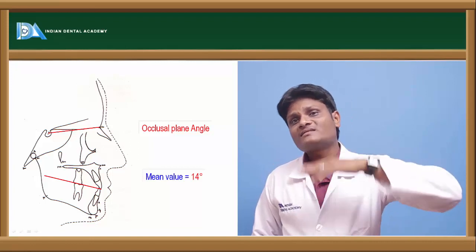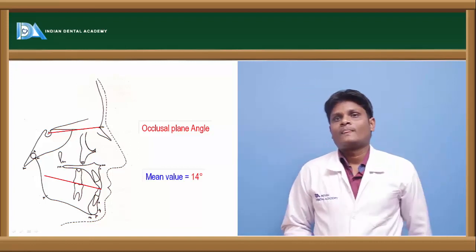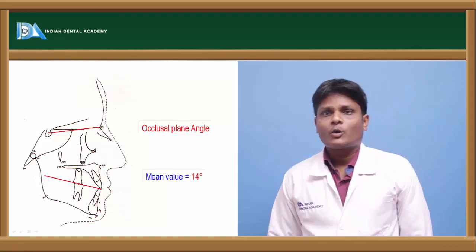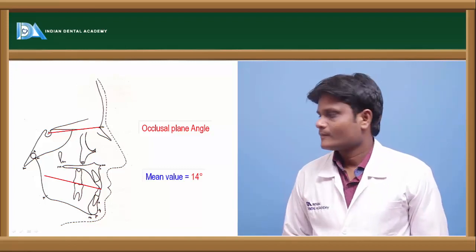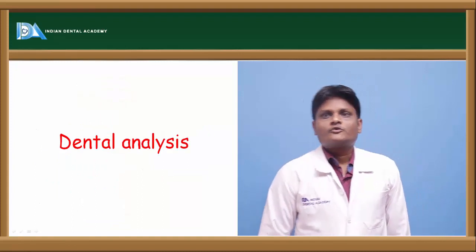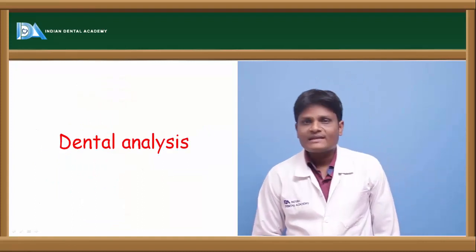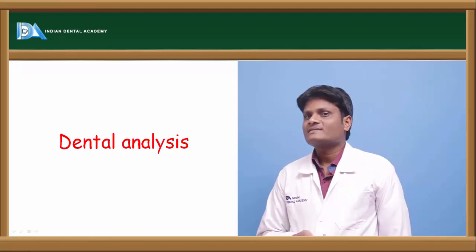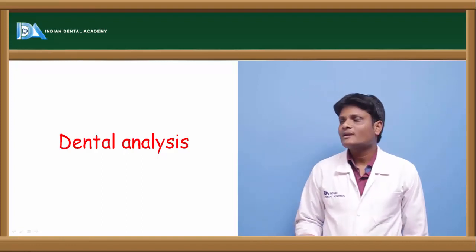That means a less steep occlusal plane. So the steepness of the occlusal plane is indicated by the occlusal plane angle of Steiner's analysis. So those were the important skeletal parameters of Steiner's analysis. Now let us look into the dental parameters.